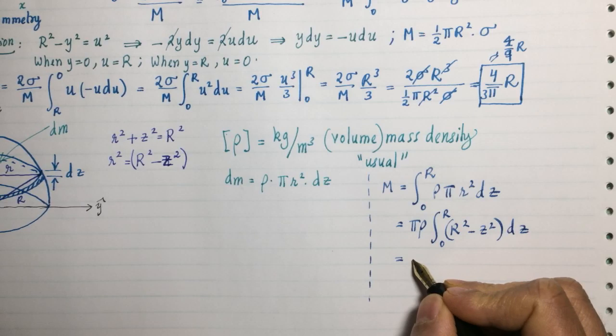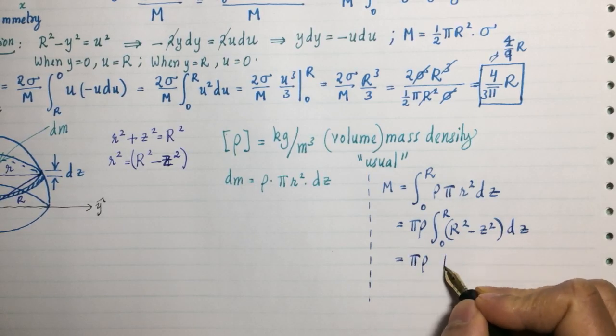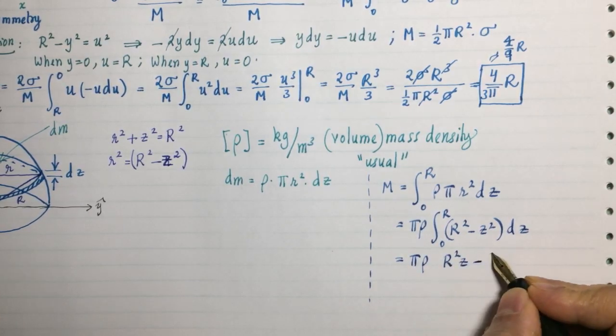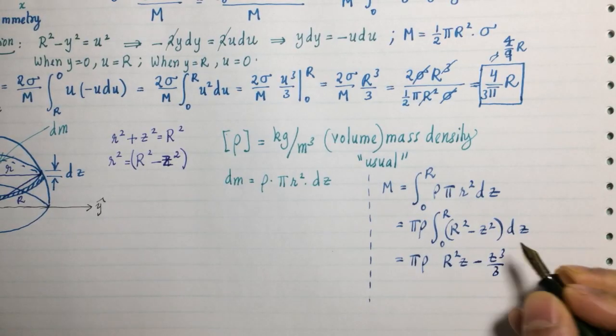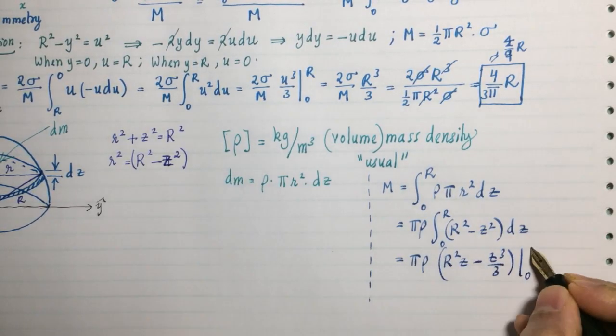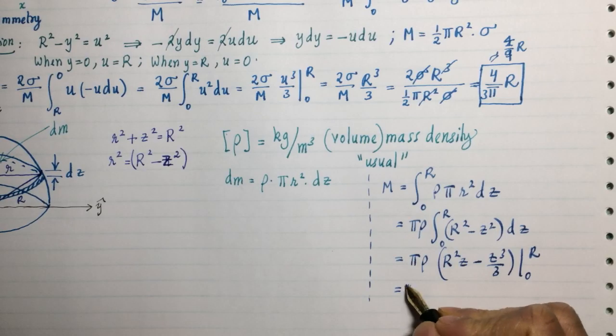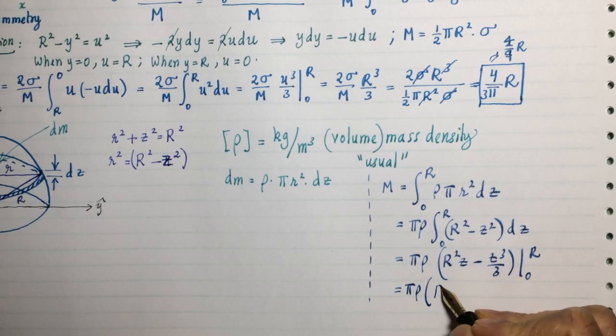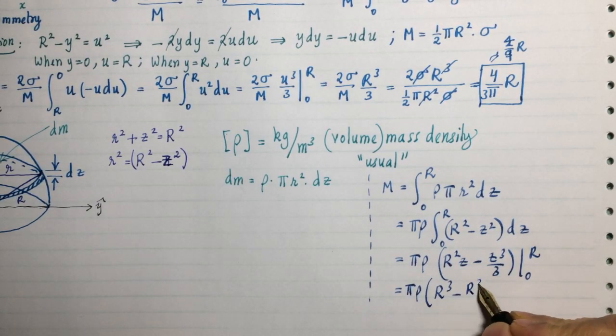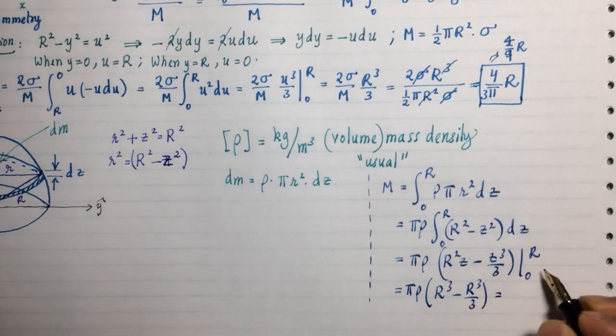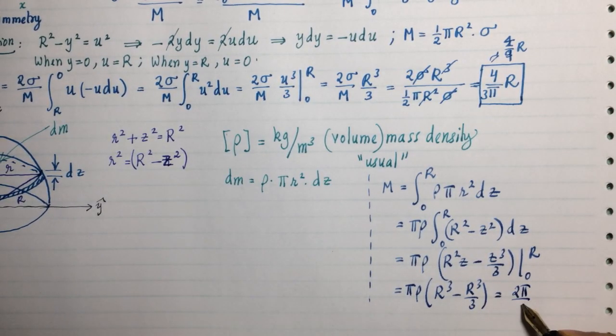And that is going to be pi rho, integrate this, let's get R squared z minus z cubed over 3 between the limits 0 and R. That's going to be pi rho times R cubed minus R cubed over 3, which is 2 pi over 3 R cubed rho.